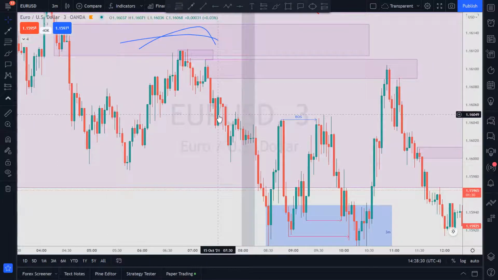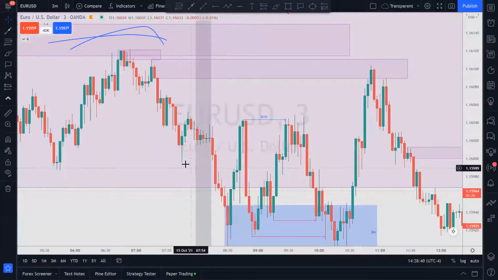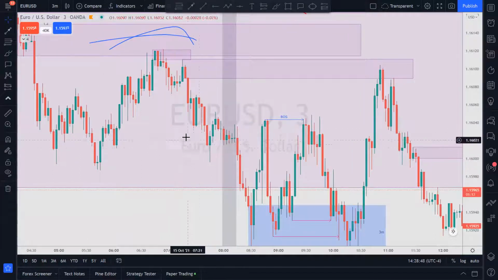Continuation trades are higher risk because the further you get away from the original entry, the original order block, the more risky your trade. All right. But you have to also have confluences. And you want to make sure if you have confluences, you can go into that trade with some confidence. You know what I mean?